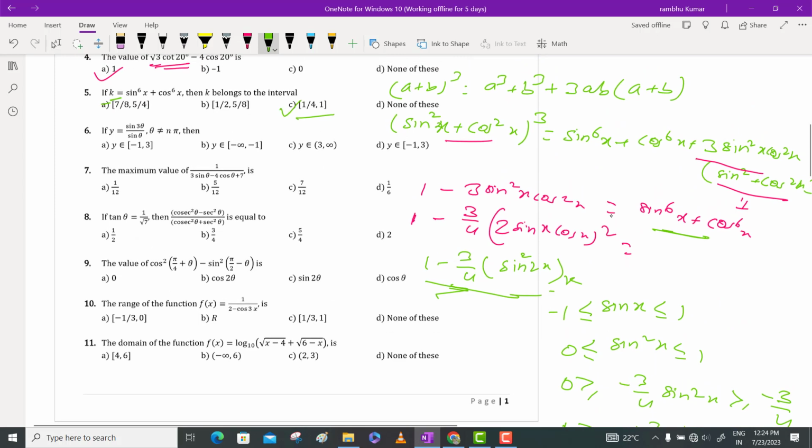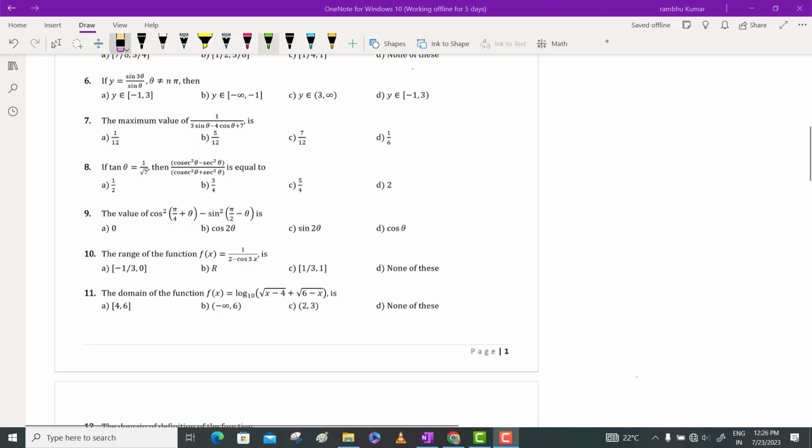Okay, now let's see the next question, question number 6. In this question we have to find the interval of y, and it is given as sin 3 theta divided by sin theta.